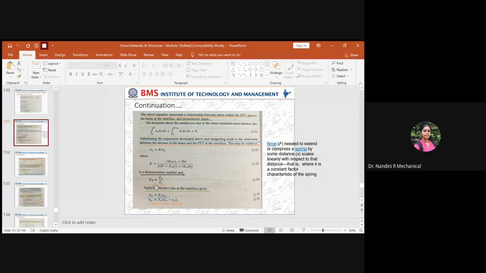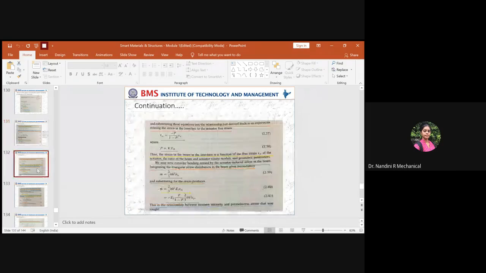When you combine the dimensionless number constant with the elastic modulus ratio, you get the value of P. So the combination of the dimensionless value with the elastic ratio will help in figuring out the strain across the interface of the actuator and the structure.